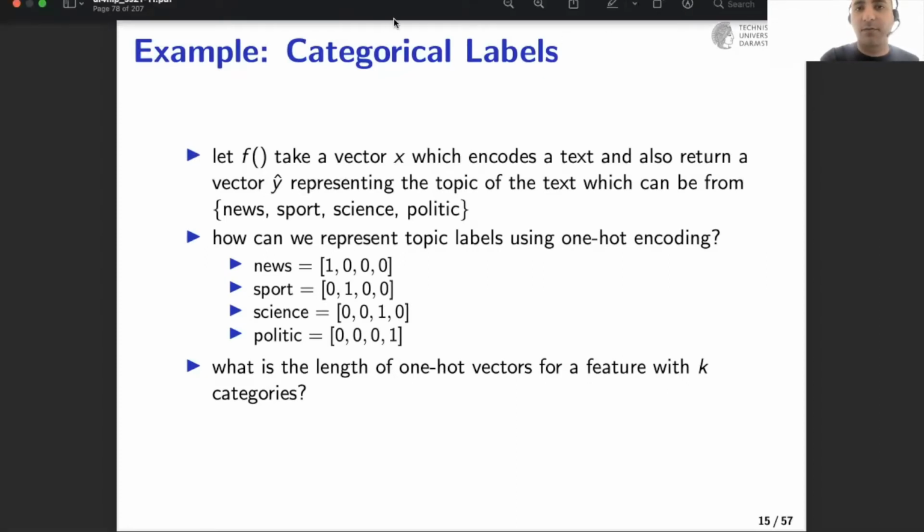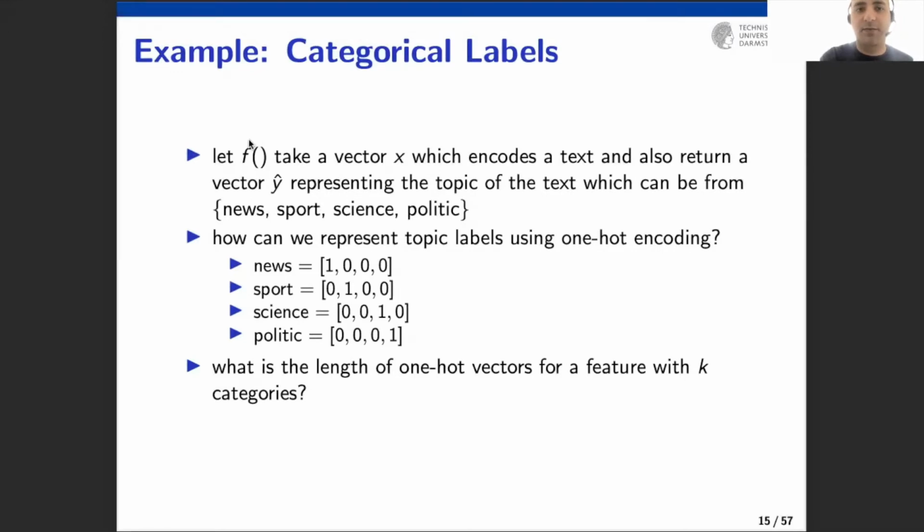Can you think of what the length of one-hot vectors is for a feature with k categories? Let's say in this example we have 4 categories, right? So what would be the length of the vector? Yeah, the answer is easy.